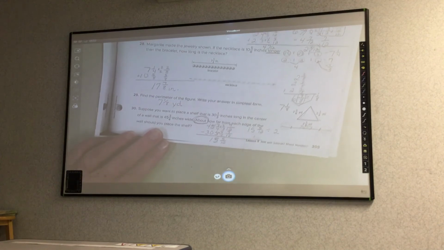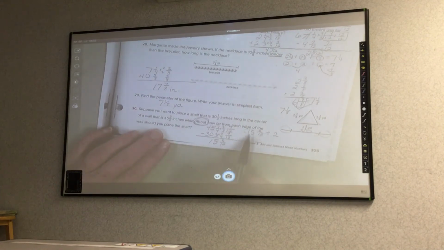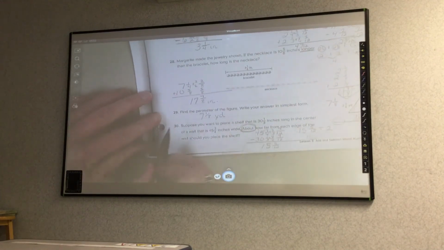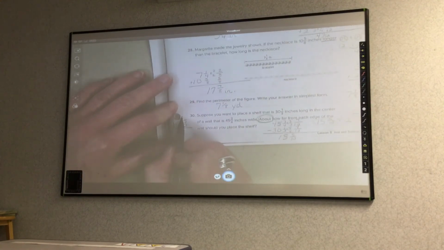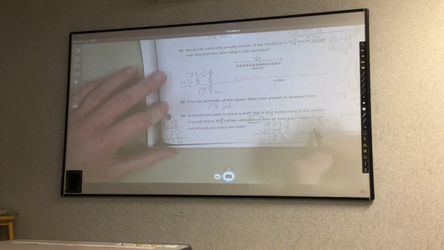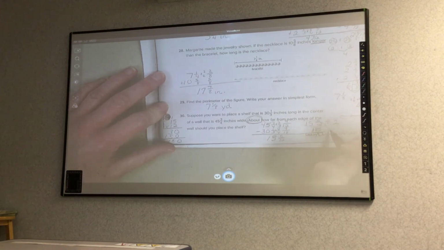So I need to take this and make it an improper fraction. 15 times 12. I don't know that, so I'm going to come over here. 15 times 12. 2 times 5 is 10. 2, 3. Add a 0. 1 times 5 is 5. 1 times 1 is 1. So I got 180 plus 5 makes 185 over 12 divided by 2 over 1.